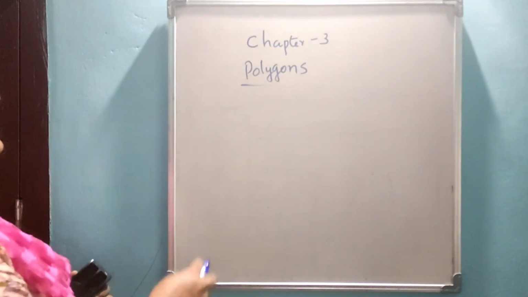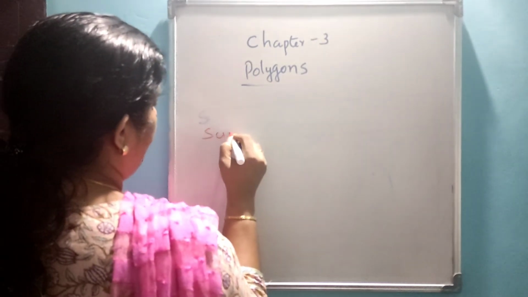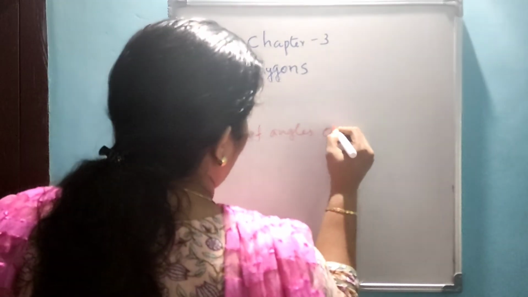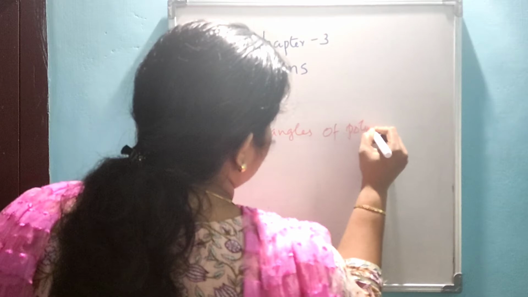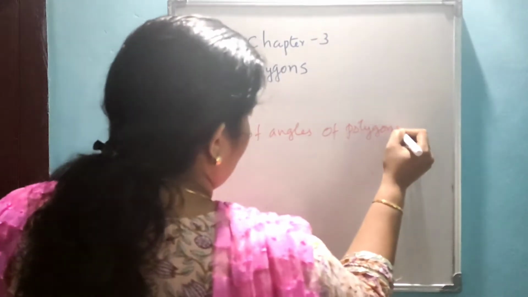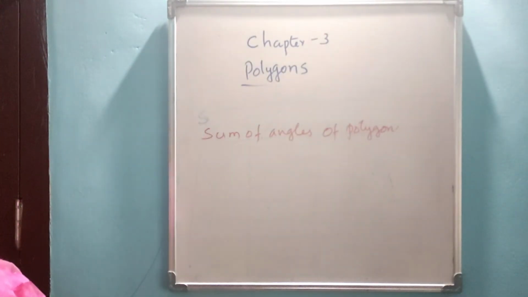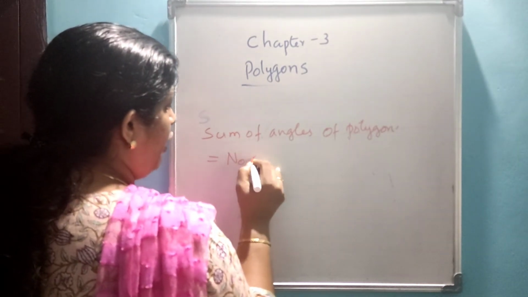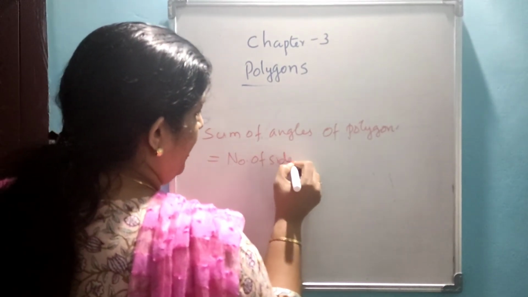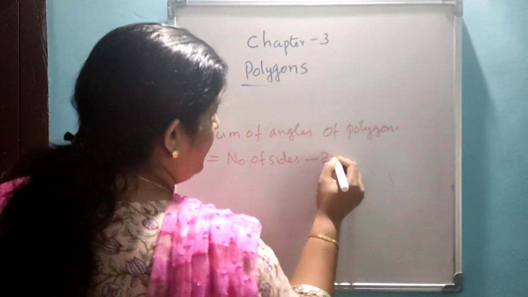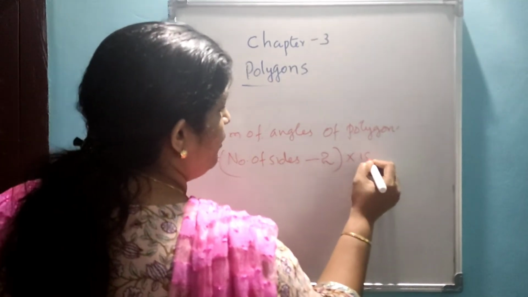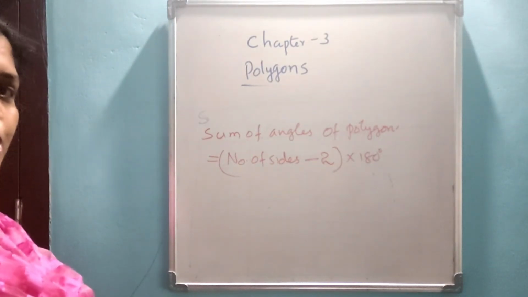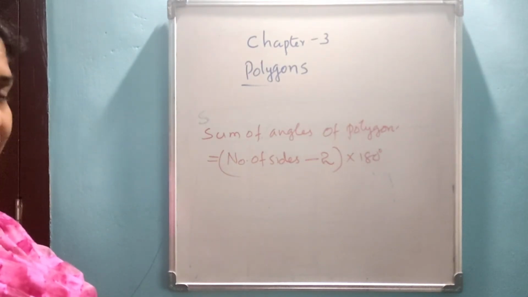Then how do we connect it with its sides? Yes, that is equal to number of sides minus 2 into 180.